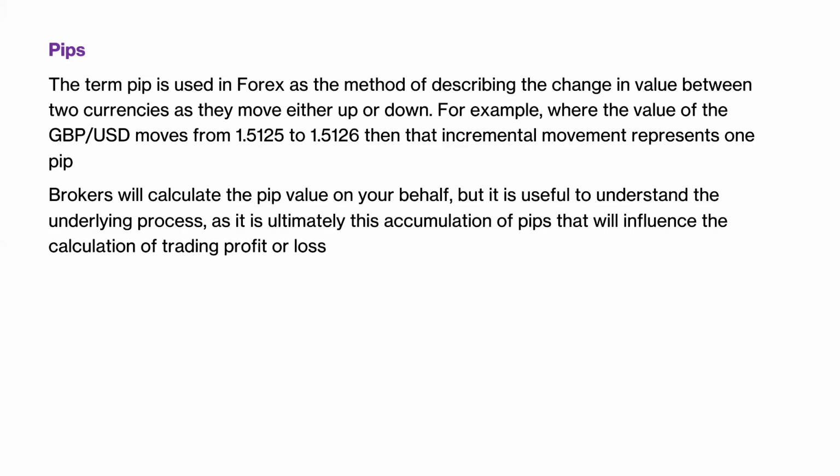For example, where the value of the GBP USD moves from 1.5125 to 1.5126, then that incremental movement represents 1 pip. Each movement on your chart is calculated in pips, but your broker will be doing that calculation for you, so you won't be spending your time on the chart calculating pips.